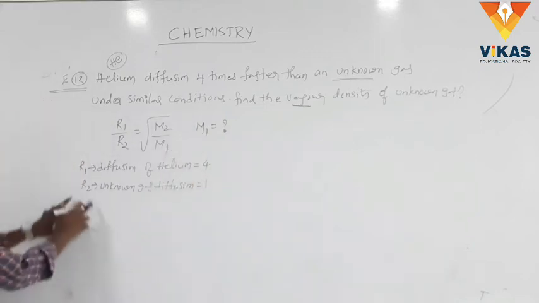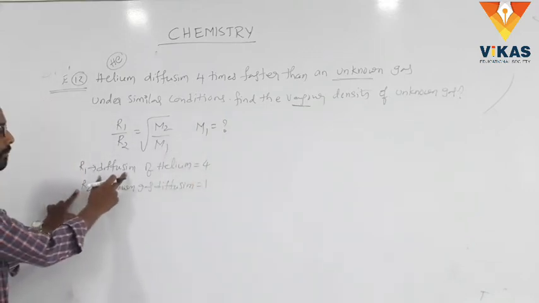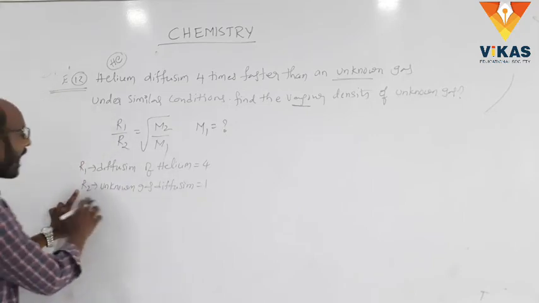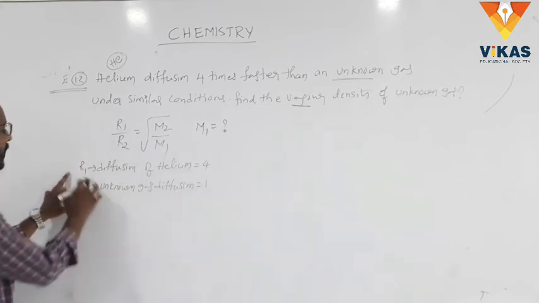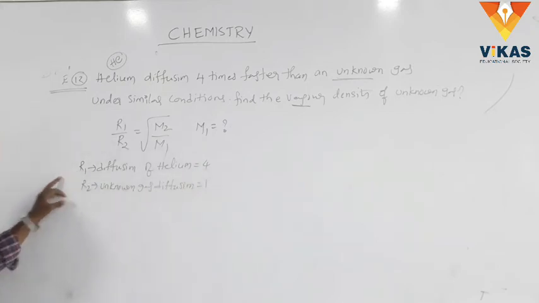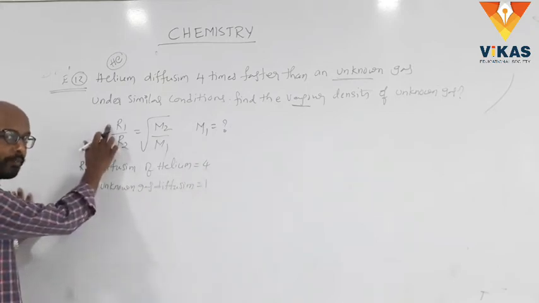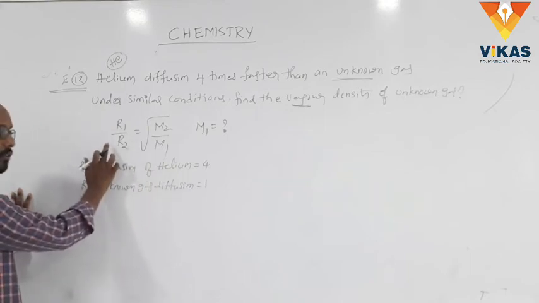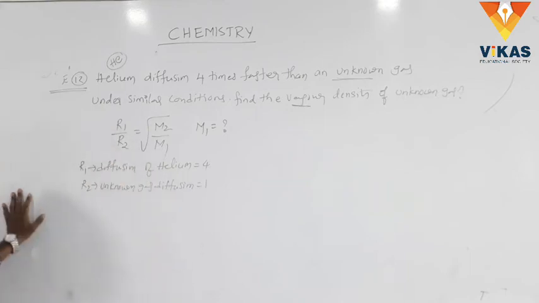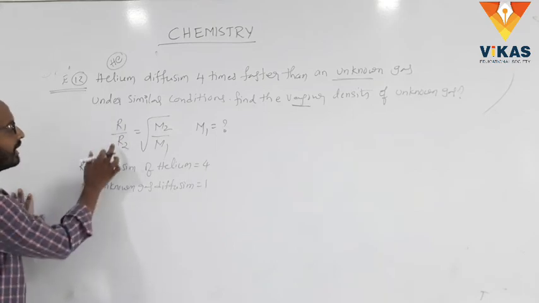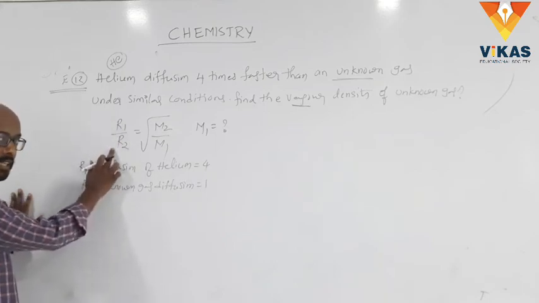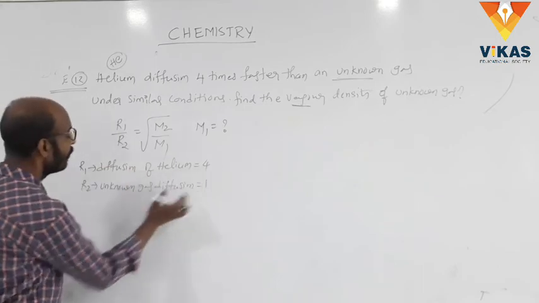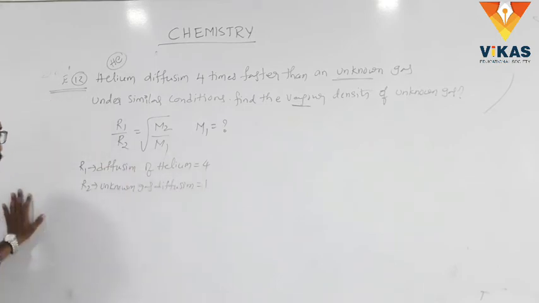Helium has 4 times the rate of diffusion of the unknown gas. So R2 is 1 and R1 is 4. Here, R1 is the rate of diffusion of helium, and R2 is the rate of diffusion of the unknown gas. So R1 is equal to 4, R2 is equal to 1. Okay.